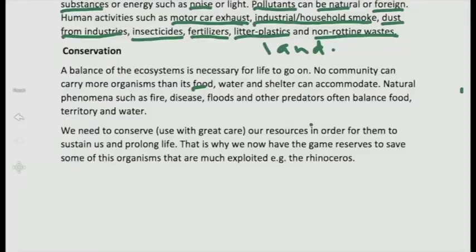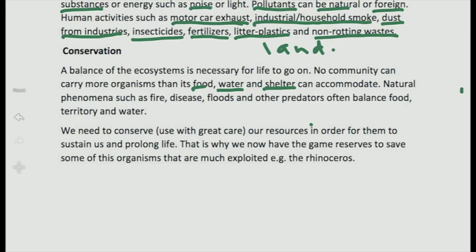No community can carry on life or can survive and have organisms without food or water or shelter, and this is needed so it must be accommodated.